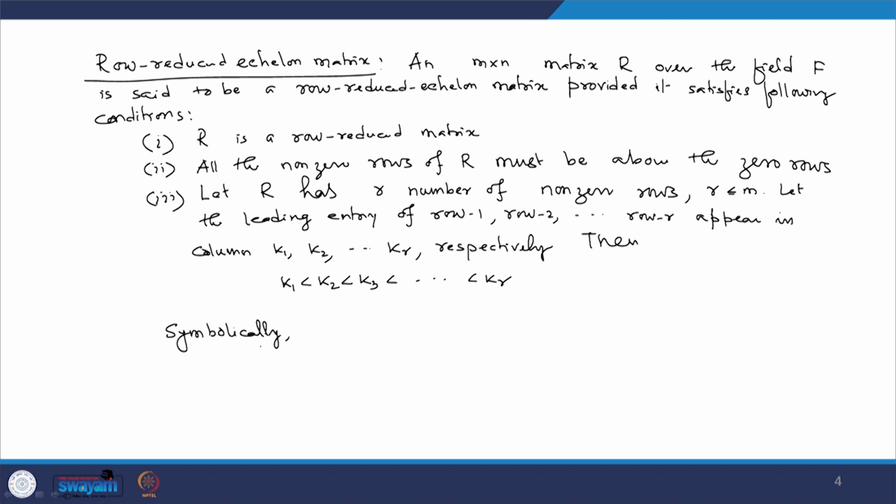Basically, I can say R_ij equal to 0 for i greater than r, and also equal to 0 for j less than K_i. So, this is the first one.